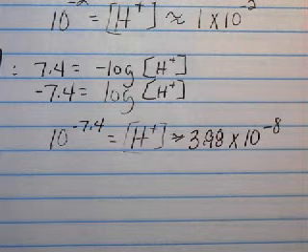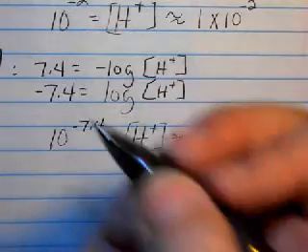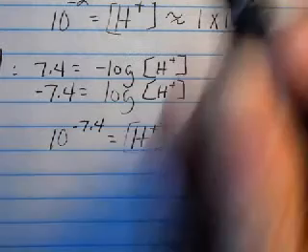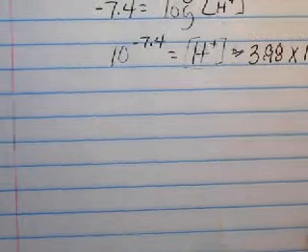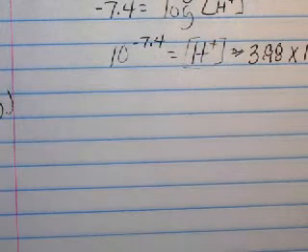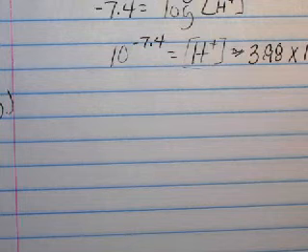So that was A. What are their hydrogen ion concentrations? So that's what we found. This was part A. Part B says, how many times greater is the hydrogen ion concentration of the stomach acid than that of the blood? How much greater is the stomach acid than the blood?